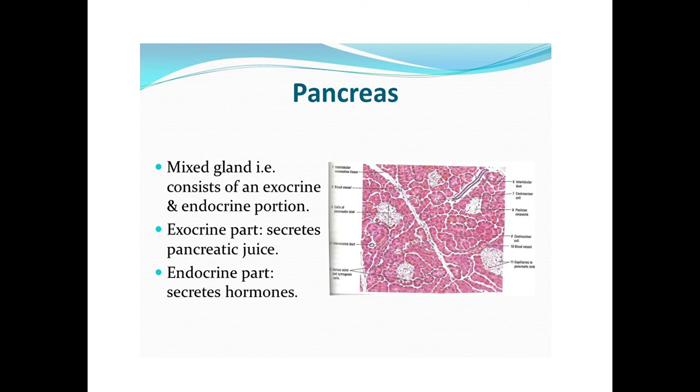Again, describing the pancreas, it is a mixed gland consisting of an exocrine and endocrine portion. The exocrine portion secretes pancreatic juice and the endocrine portion secretes hormones.